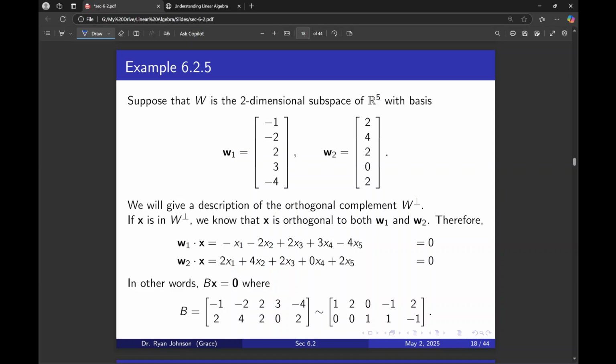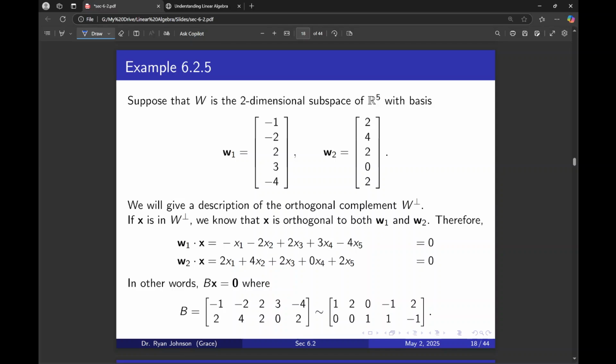Suppose W is the two-dimensional subspace of R5 with this basis. Okay? So it's got this vector and that vector. So anything in the perpendicular space will have dot product with those vectors be 0, which gives me these two equations. These equations equal to 0.